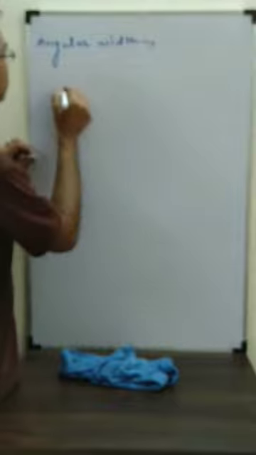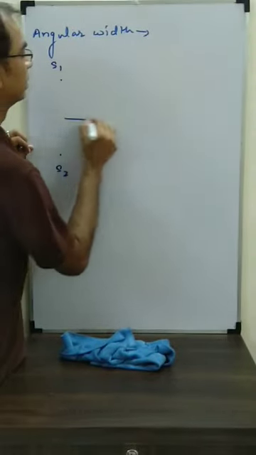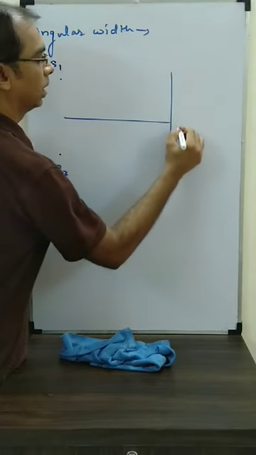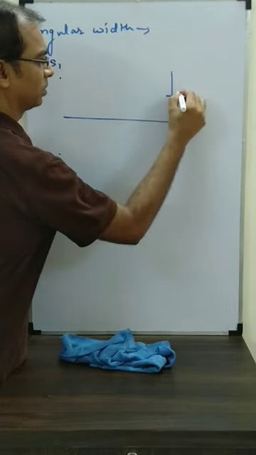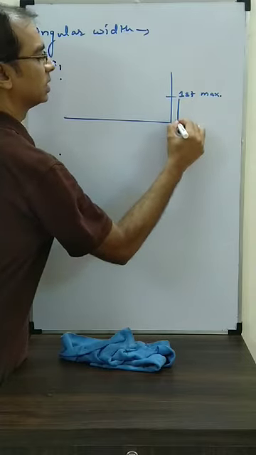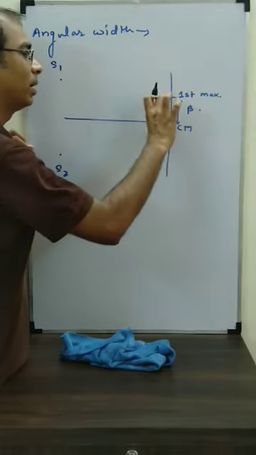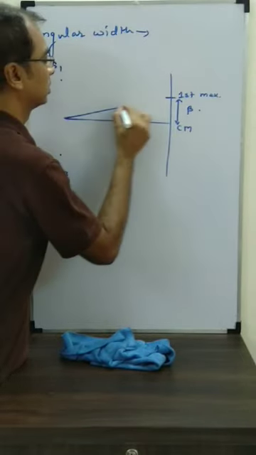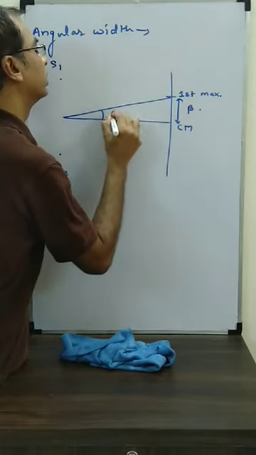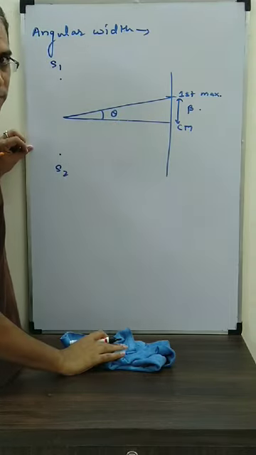So suppose I am taking this as S1 and S2, two monochromatic sources again. Here I am getting central maximum and here is first maximum. Now what we can say is this is beta, right? So angle made by one fringe is called angular width. That's theta. Theta is your angular width. Okay.